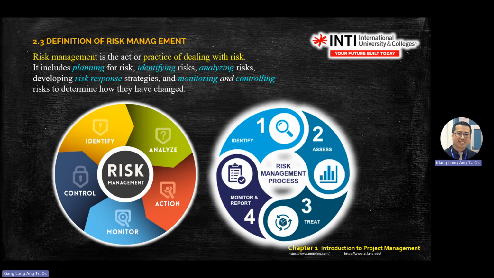This is another risk management process, also the same but simpler. They also have identify and analyze, but this one uses assess. Treat means action. Number four is monitor and report, meaning monitor and control. Both diagrams are correct. It depends on how you use it.